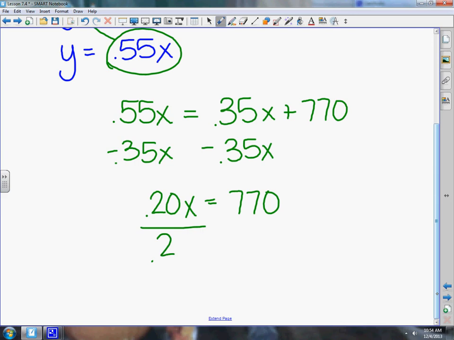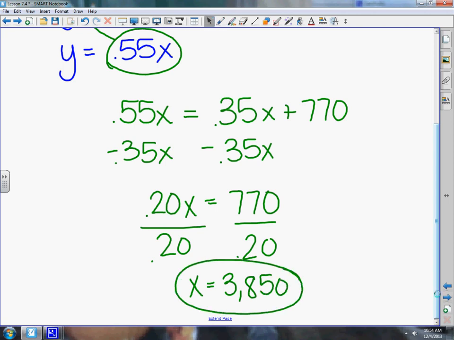And then I'm going to divide by 0.2. So 770 divided by 0.2. So x equals 3,850 newsletters. So that would obviously be something that they would mail out to like people all over the world. So 3,850.